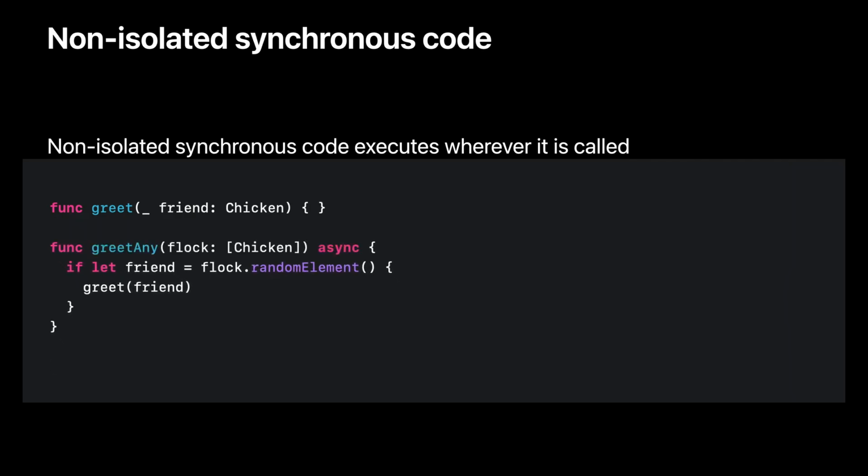If instead we had a non-isolated async operation that calls greet, then greet will run there on a boat in the open sea. Most Swift code is like this: synchronous, not isolated to any actor, and only operates on the parameters it's been given, so it stays in the isolation domain where it is called.